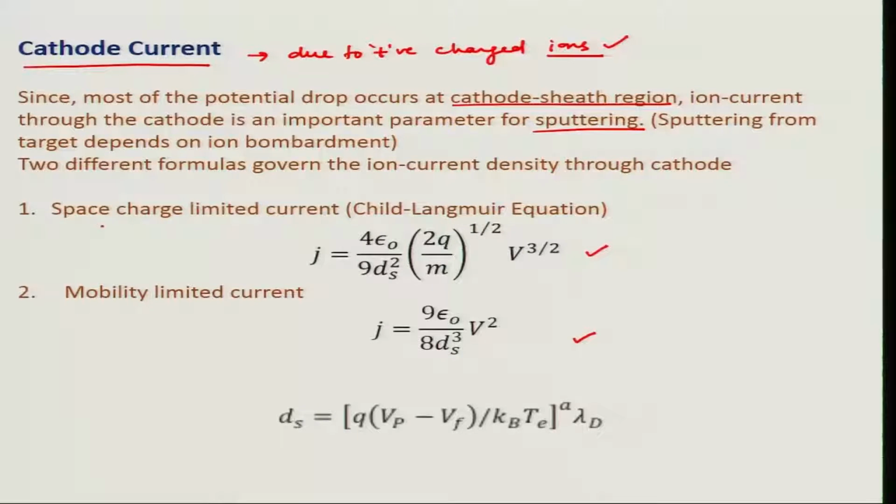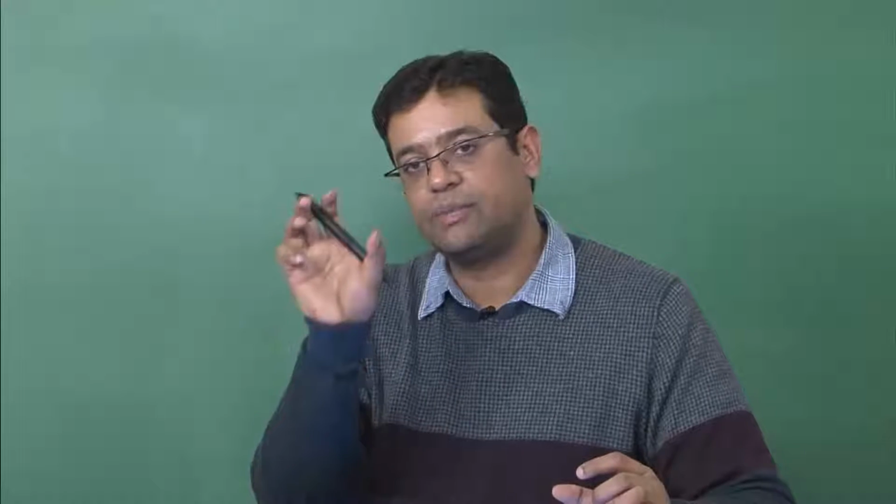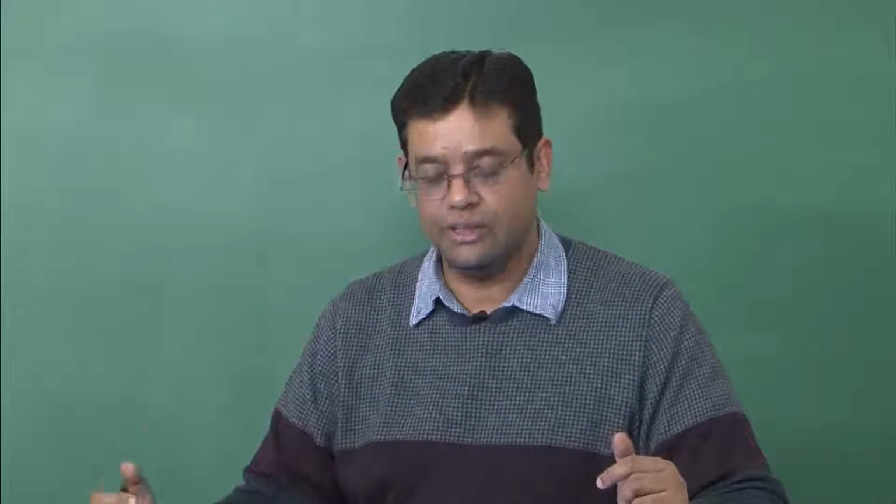In the first case, it is called space charge limited current, and this expression is called the Child-Langmuir equation. This space charge limited current exists when the motion of ions is defined by the electric field or the space charge in the cathode sheath region.